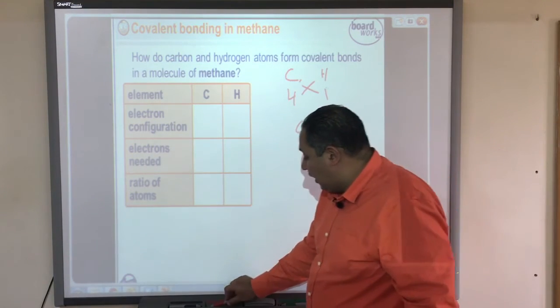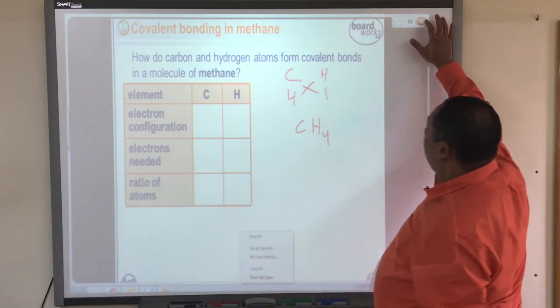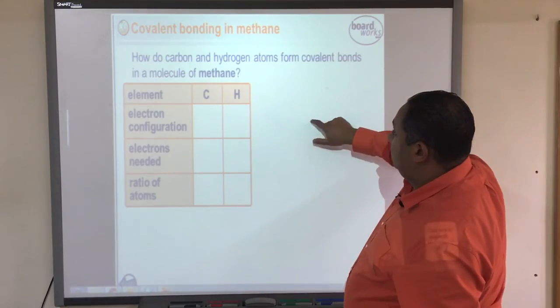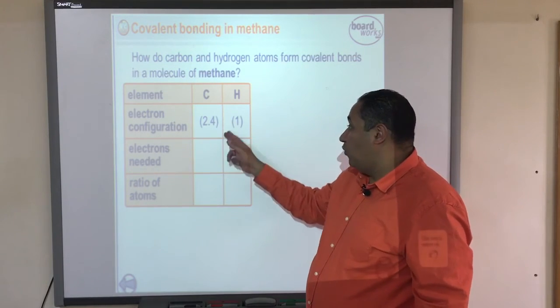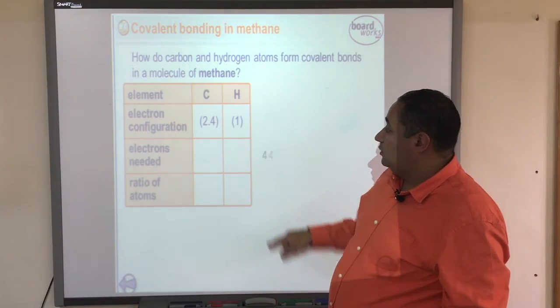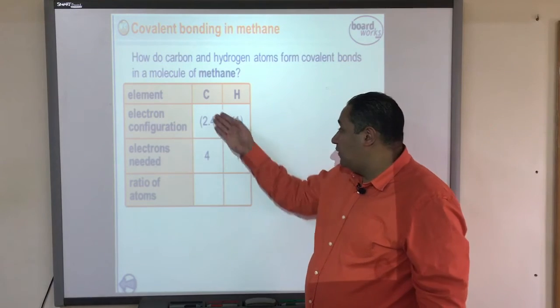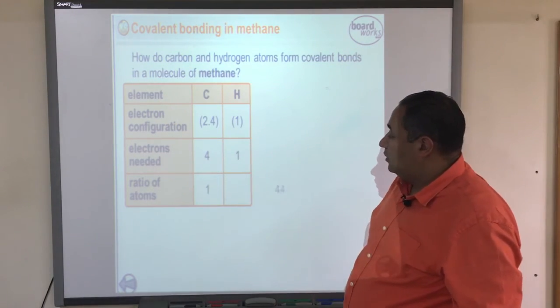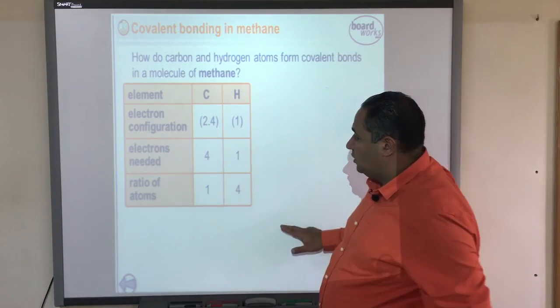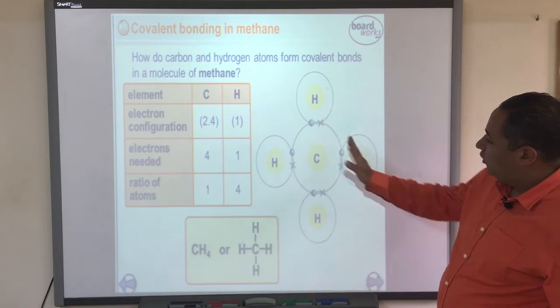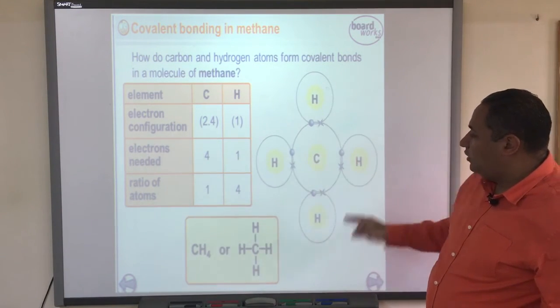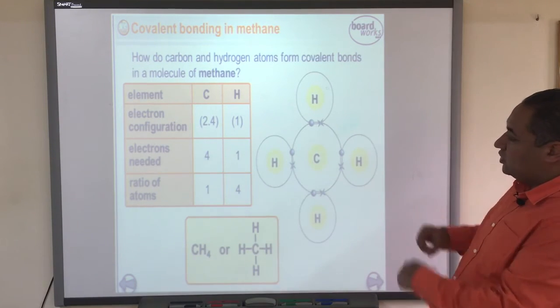Okay, so how does it work with electron configuration? Carbon, electron configuration 6 means 2, 4. Hydrogen 1. Electrons needed here 4, here 1. The ratio, you crisscross. So this is what happens in real life. 1 carbon, 4 hydrogen atoms forming this compound.